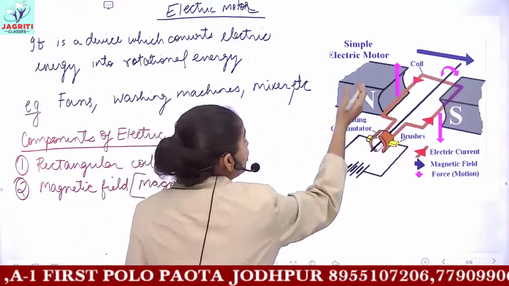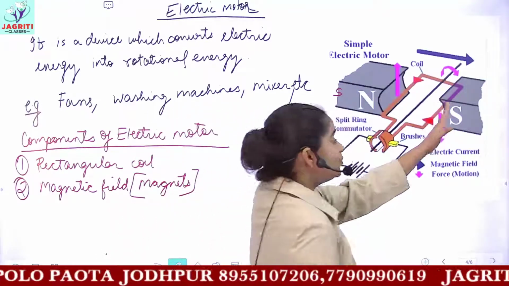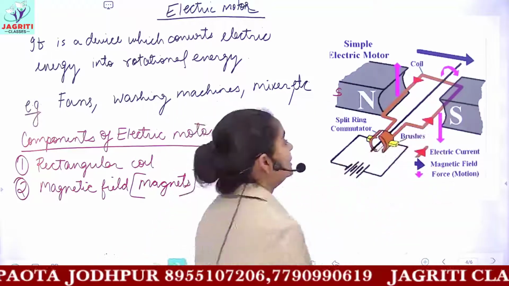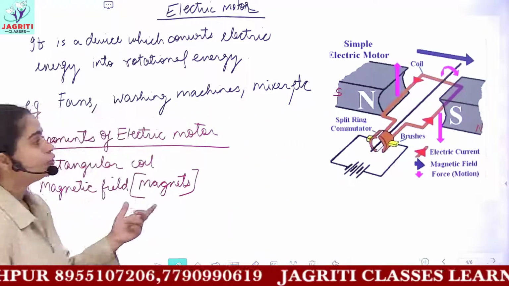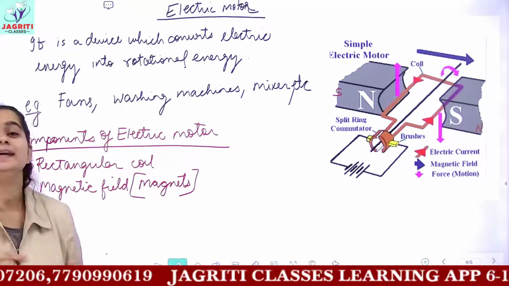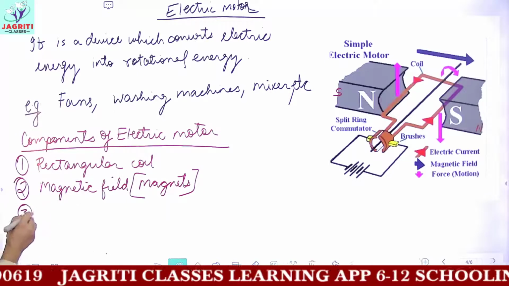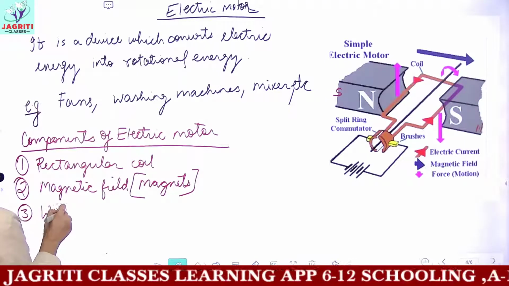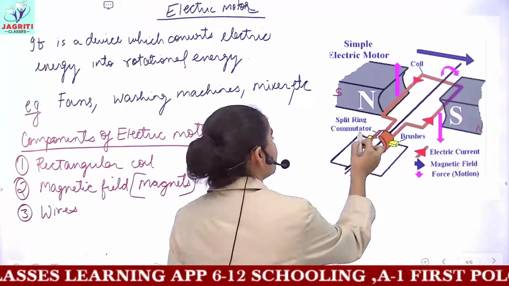The south pole of one magnet will be behind the north pole, and here, if you have the south pole in front, then the north pole would be somewhat behind. These two magnets are used for generating the magnetic field. Then next, you need some wires which are required to complete the circuit. These are the wires which we require.